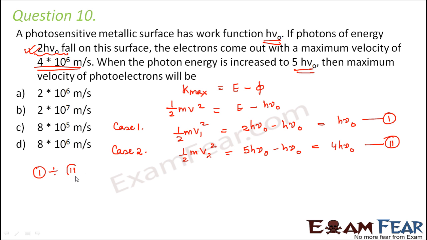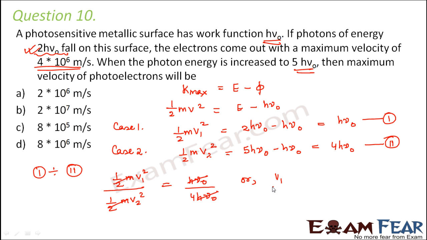So now what do we do? We divide equation 1 by equation 2. So we get half mv1 square divided by half mv2 square is equal to h nu naught divided by 4h nu naught. Correct? So here half m will get cancelled, h nu naught will get cancelled.